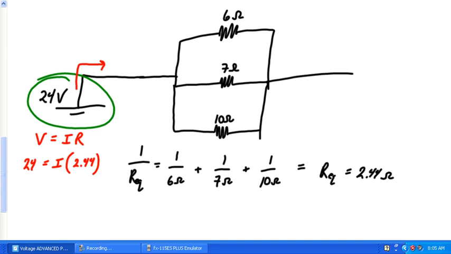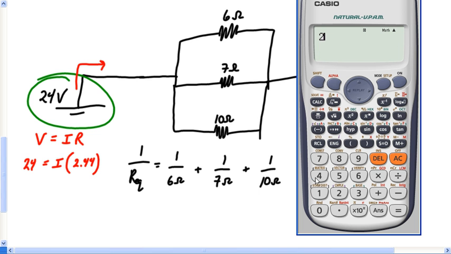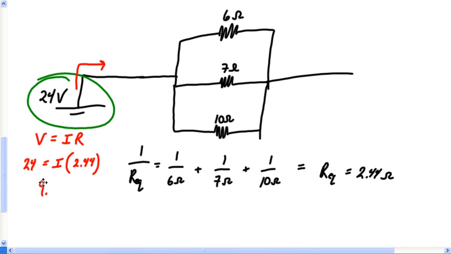Let's plug that in a calculator and see what we get. 24 divided by 2.44 equals 9.84 amps. So leaving this potential is 9.84 amps of electricity.